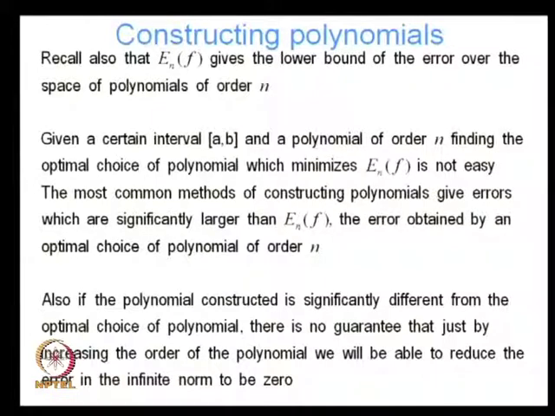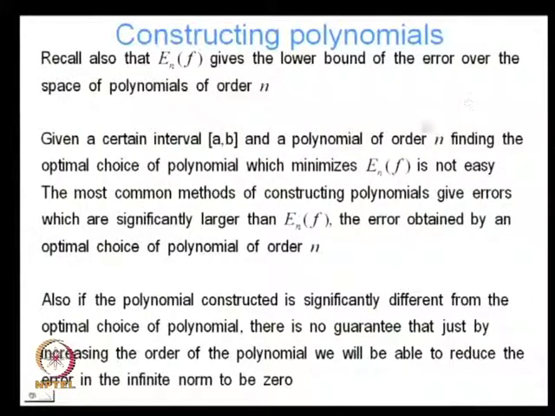Given a certain interval [a, b] and a polynomial of order n, finding the optimal choice of polynomial which minimizes En of f is not easy. The most common methods of constructing polynomials give errors which are significantly larger than En of f, the error obtained by an optimal choice of polynomial of order n.